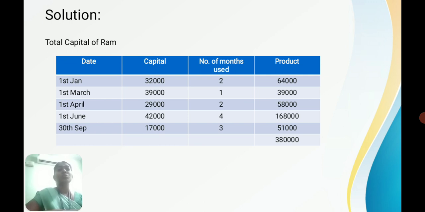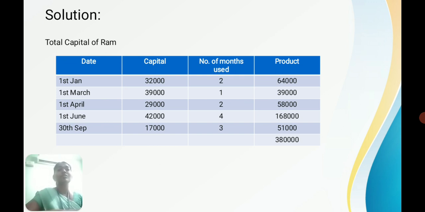On 1st June the amount is raised to 42,000. From 1st June to 30th September, that is June, July, August, and September 30th, so we have added September also. There are 4 months we use 42,000, so the product amount is 1,68,000. On 30th September, they have withdrawn the amount, so we get 17,000 as the capital amount.